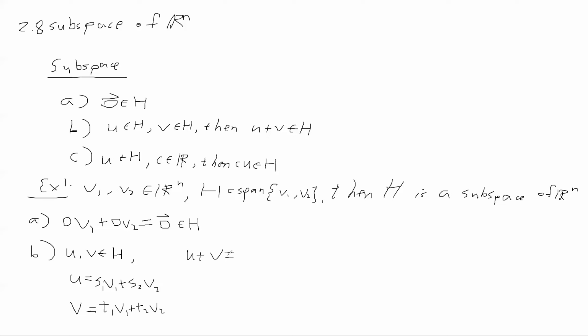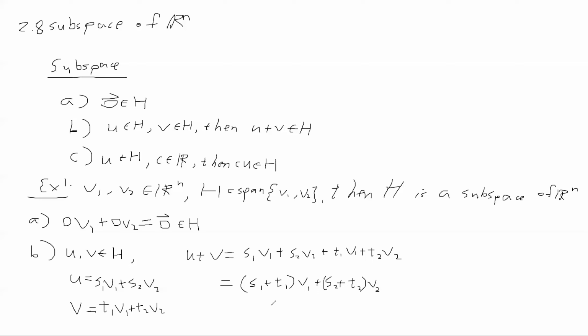So U plus V is S1 V1 plus S2 V2 plus T1 V1 plus T2 V2. Right, and let's reorder these a little bit.